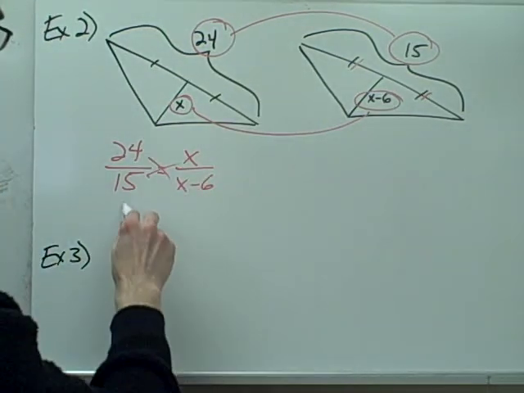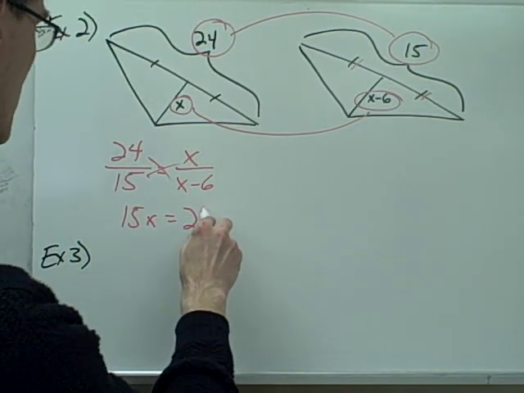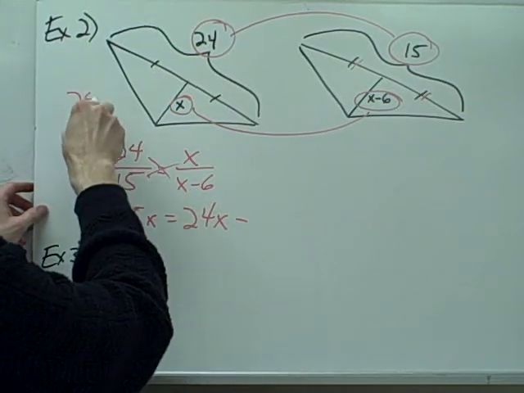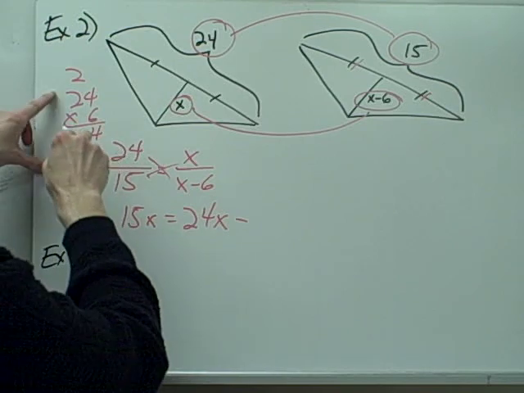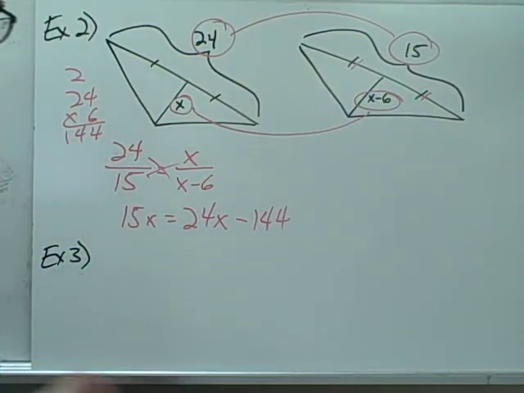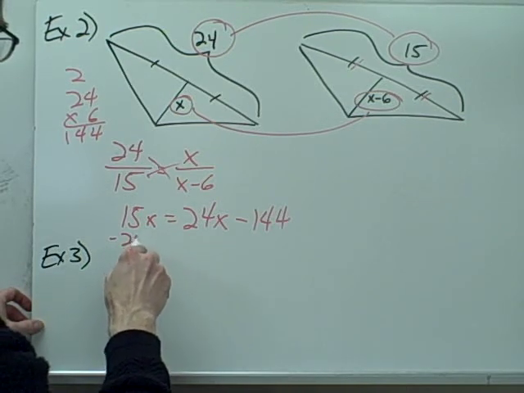So now I can cross multiply. 15x equals 24 times x minus 6, which is 24x minus 144. And let's see, if I subtract 24x from both sides.